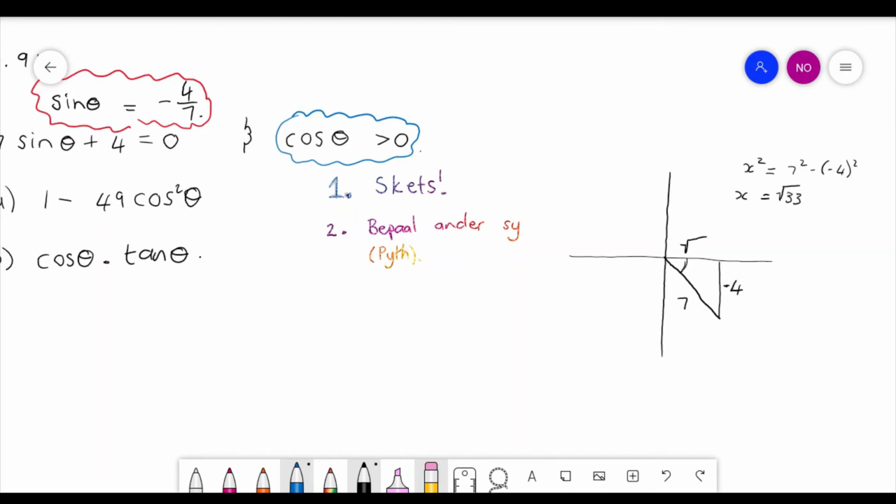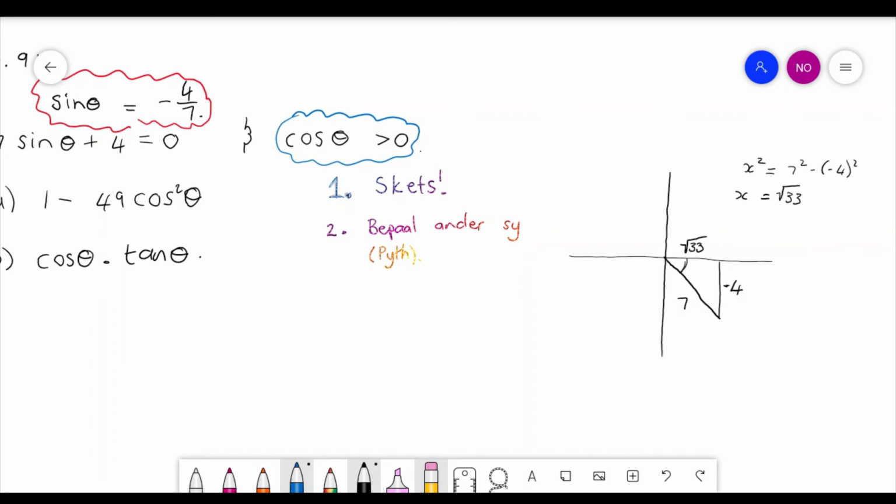So that goes there. Positive or negative? Why positive? Want x is positief in die vierde kwadrant. Eerste en vierde, ja. Okay. Goed. Almal regte daar. And from there, you simply read off the values from your triangle, substitute it into the expressions that you have to simplify, and do just that.